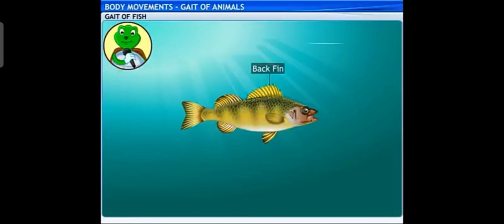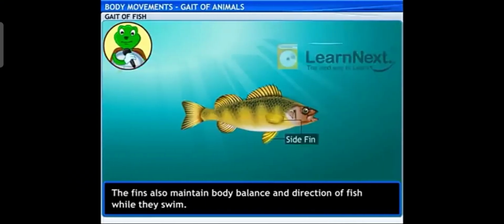So the fins help the fish to move. The tail fin is there, the back fin is there, then the side fin is there. This side fin will maintain the balance, and by using this balance it can move in a particular direction while swimming.